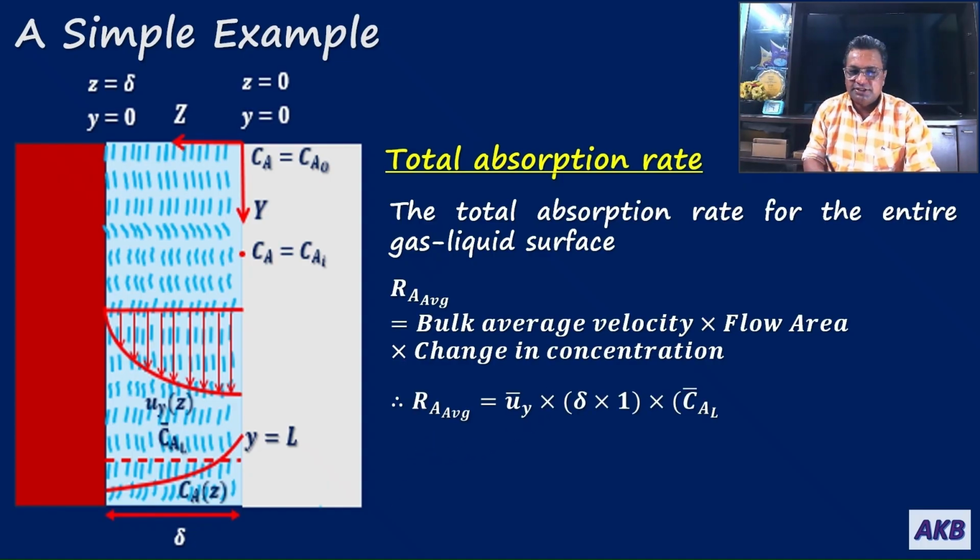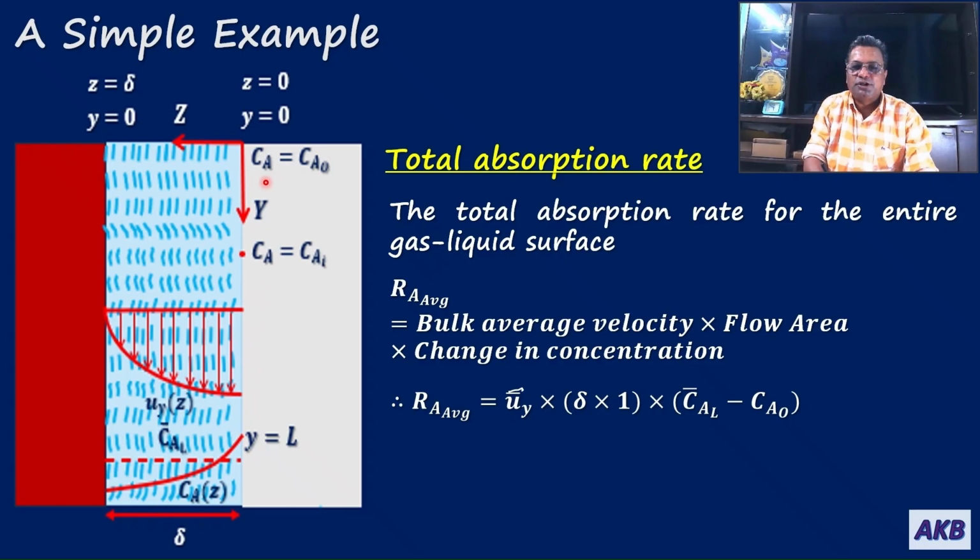So RA average is equal to U y bar, the bulk average velocity, into delta into 1, which is the flow area, the area through which flow is occurring: thickness into 1. Why 1? Because we have considered unit width in the x direction, and the x direction is perpendicular to the plane. Therefore RA average is U y bar into delta into 1, and the change in concentration across the entire gas liquid surface.